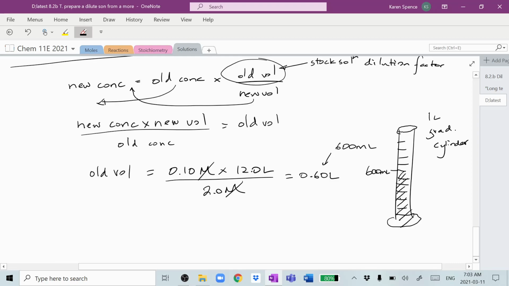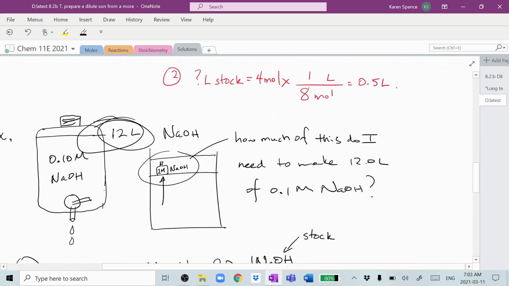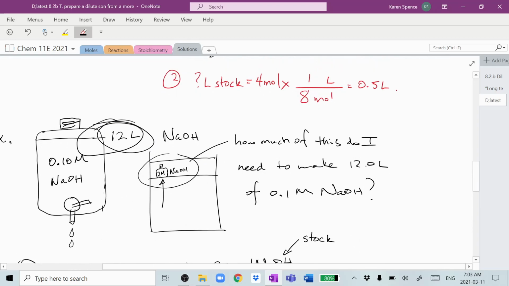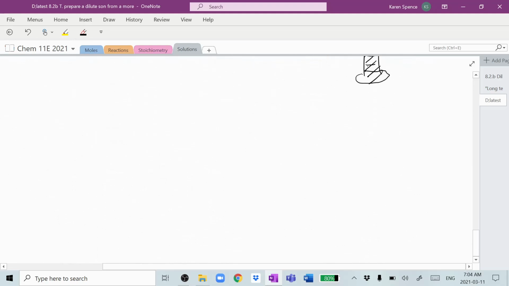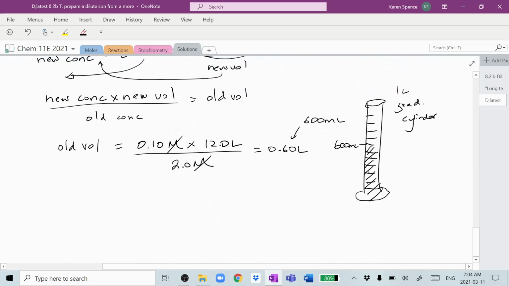Okay, and then I will go take that 600 mils and I will dump it into the carboy. So I have 600 mils of the stock solution in the carboy, and then I will fill that up through the top with water all the way up to the 12 liter mark. Okay?